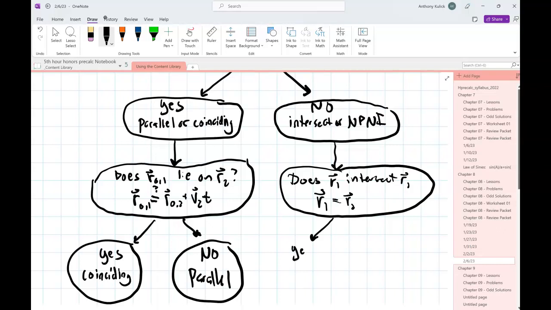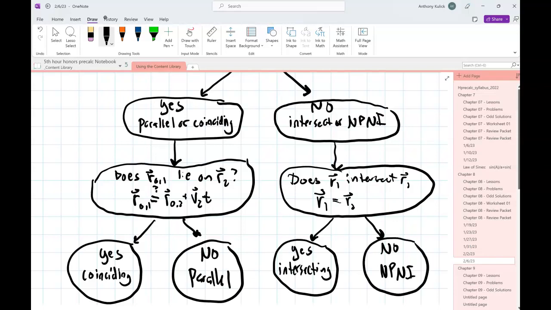If the resulting system has a solution, we know that they're intersecting, and we plug that solution back into R1 or R2, depending on which value of S or T you solved, to find that point of intersection. If that system has no solution, then we have that not parallel, not intersecting situation.